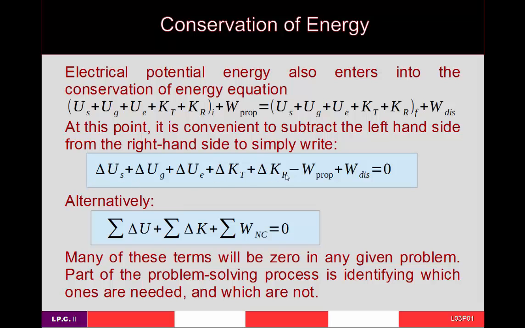Maybe it's only translating and there's no rotation possible, so this could be 0, etc. So part of the problem solving process that we go through in solving potential energy and work and kinetic energy, basically energy conservation in general problems, is that we have to identify which of these terms we're actually going to use. So usually it's actually best to just start from scratch and write out all the terms that are relevant and then solve from there.